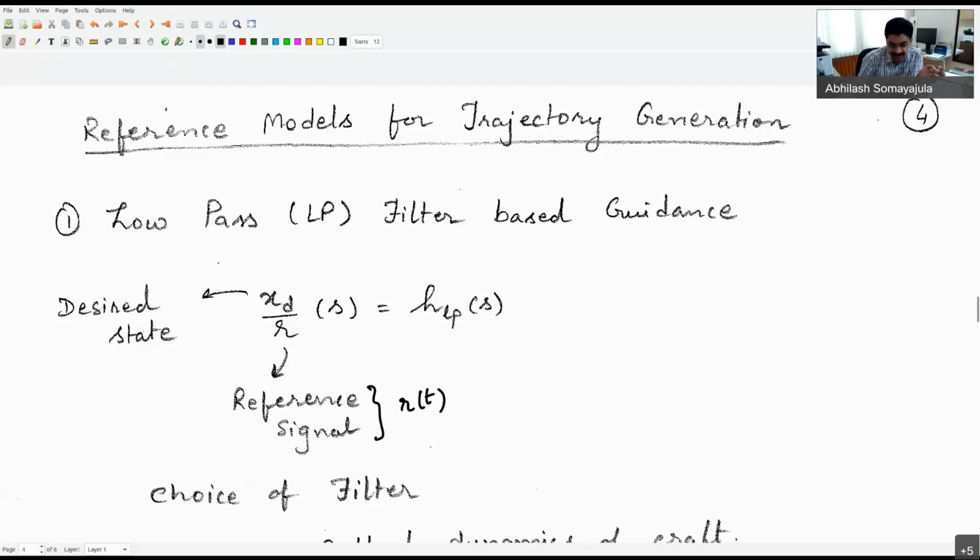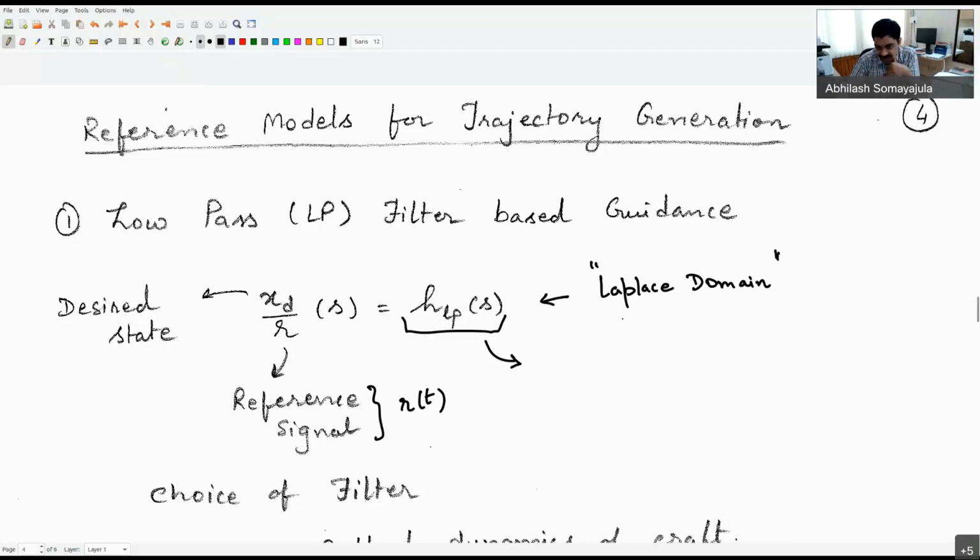Now, this transfer function, when I take it in the Laplace domain, is the so-called low pass transfer function that I want to look at.